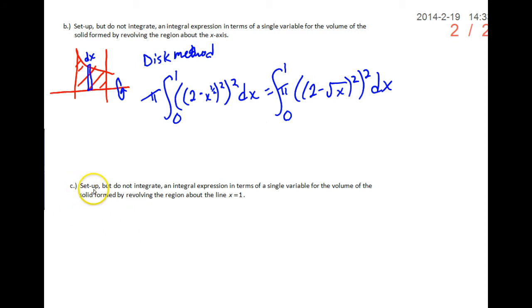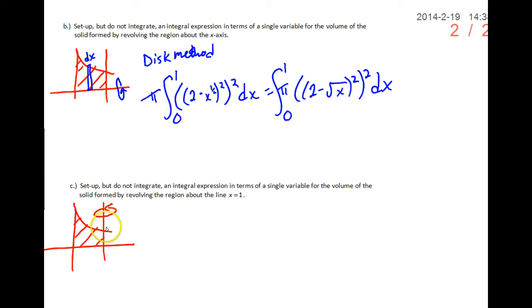Once again, set up but do not integrate an integral expression in terms of a single variable for the volume of the solid formed by revolving the region around the line x equals 1. So I'm going to redraw the region, which is here, and then it says to revolve around the line x equals 1.